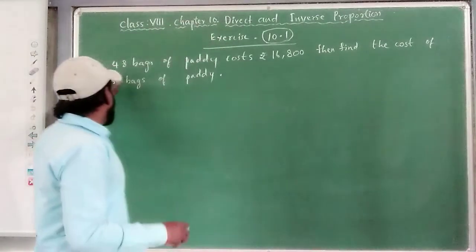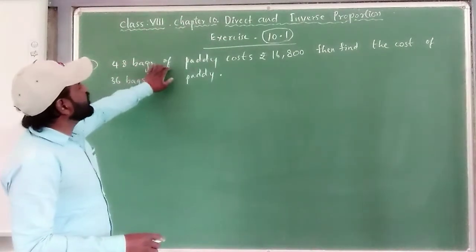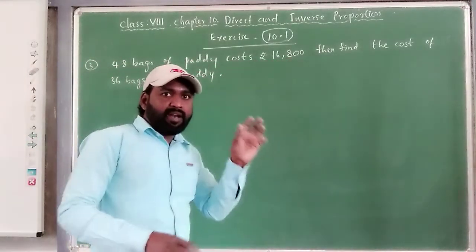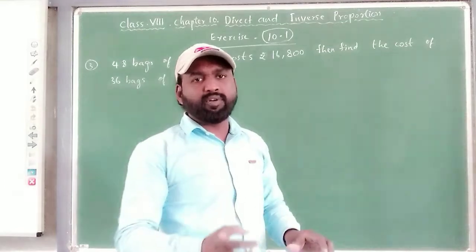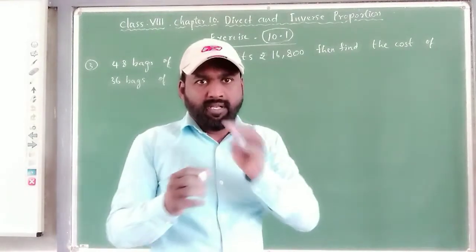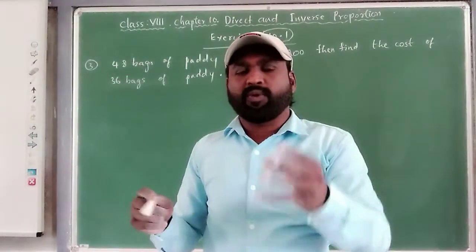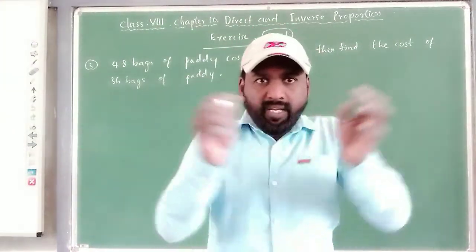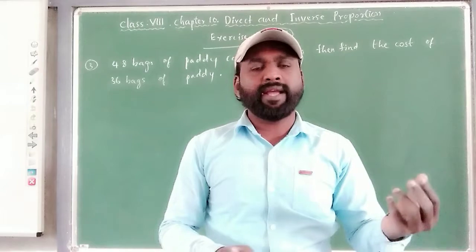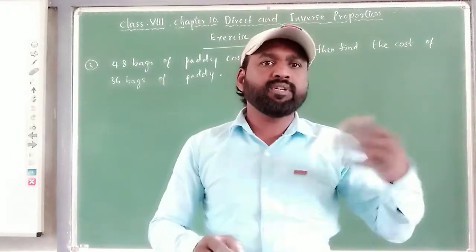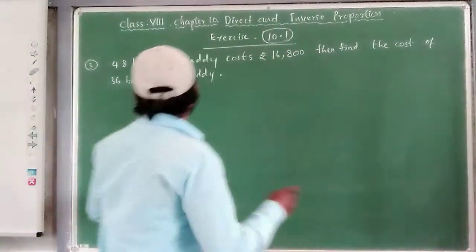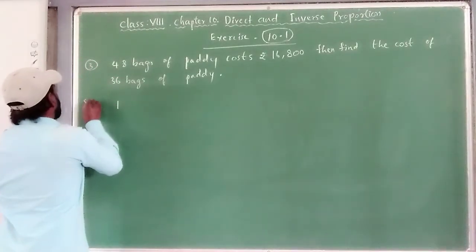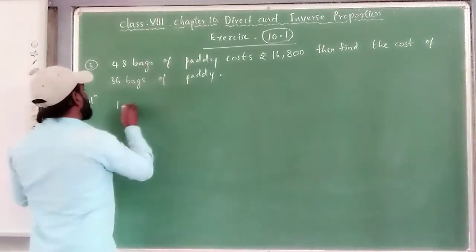First, what is given? 48 bags of paddy cost rupees 16,800. Here there are two quantities: the number of bags, and the cost of those bags. These two quantities we have to take as x and y, using variables.